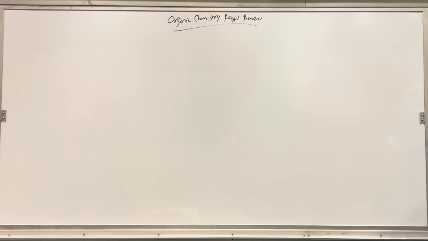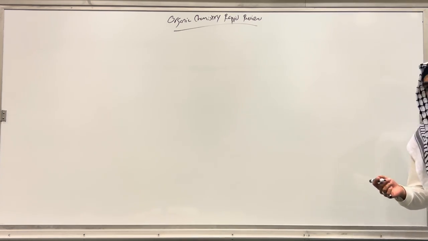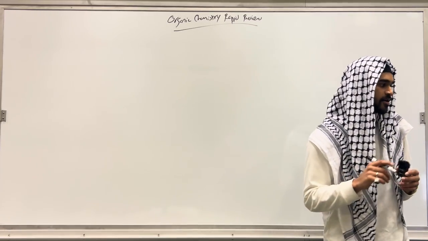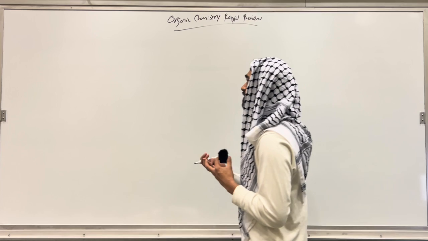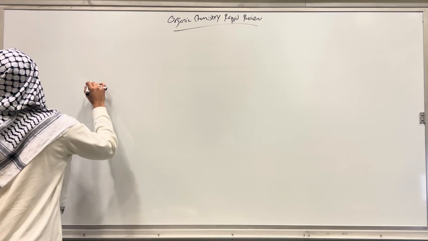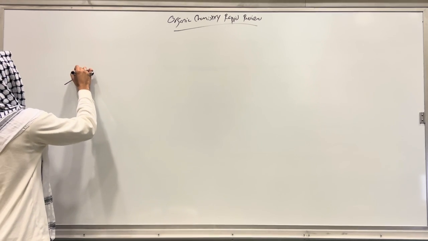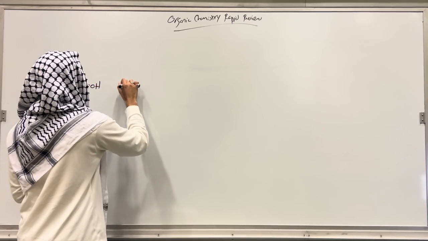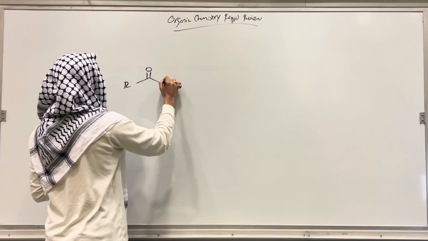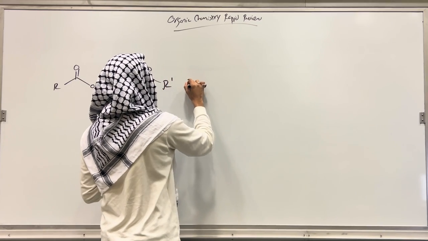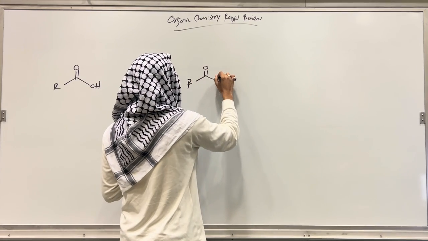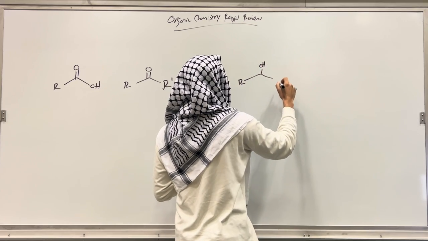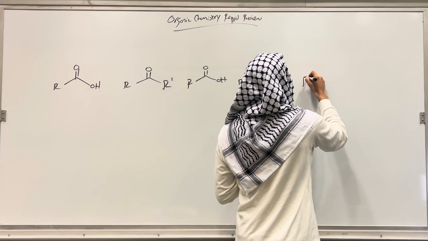All right. So nomenclature. Nomenclature, I really don't feel like we have to spend a ton of time on, but there are certain specific things about nomenclature that I want to go over, right? So different functional groups, right? So this functional group versus this functional group versus this functional group versus this functional group versus this functional group.